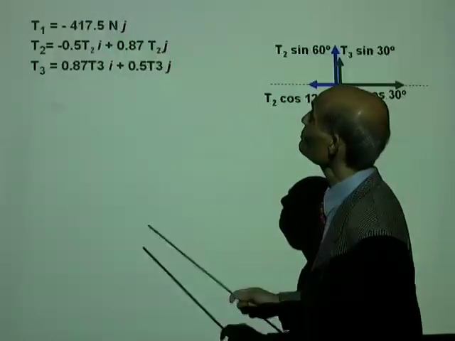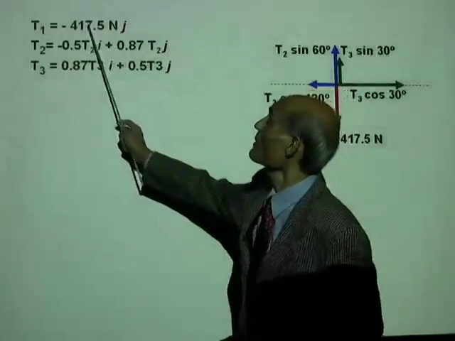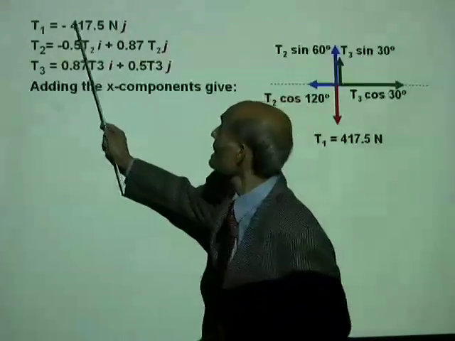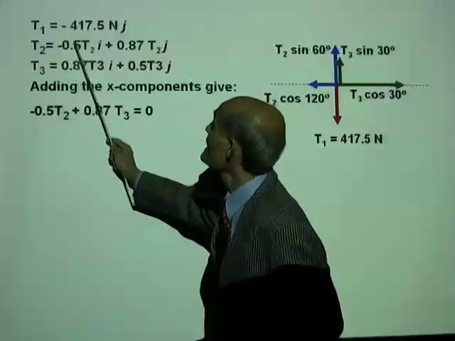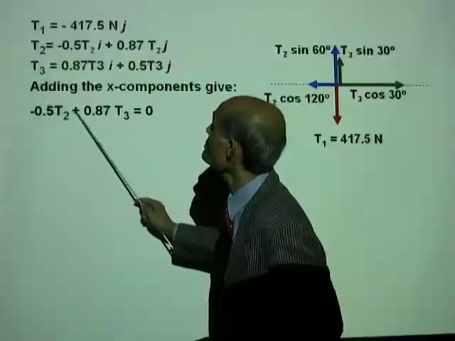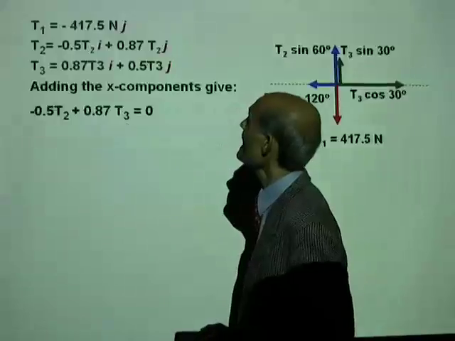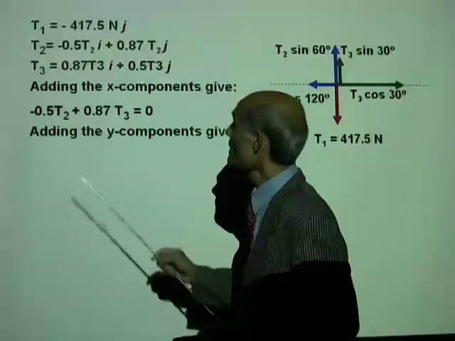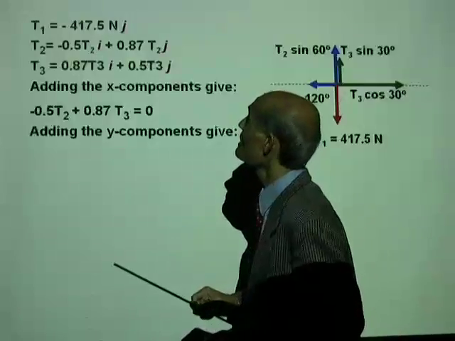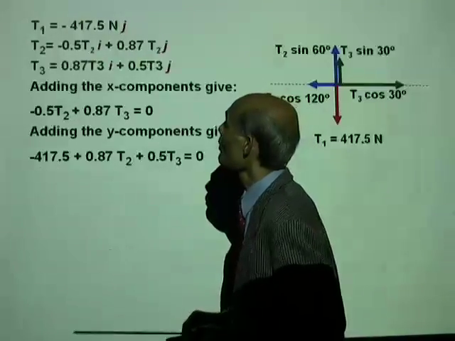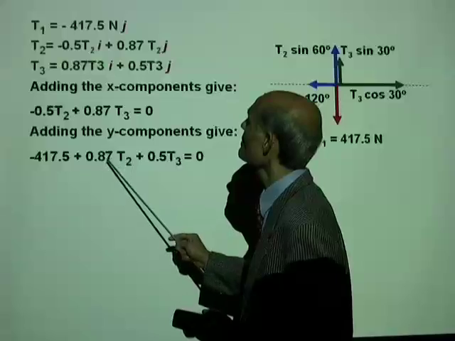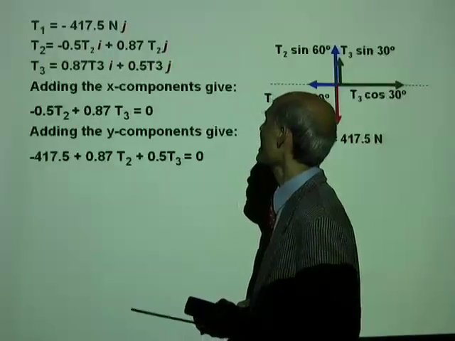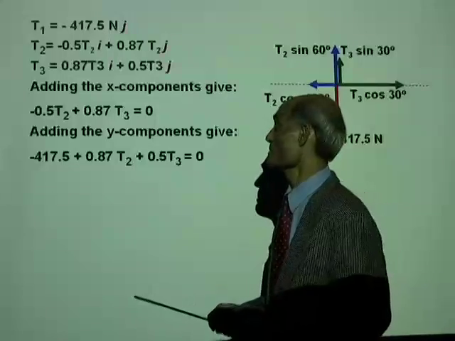So let's make those equations. These are the equations we had earlier. Adding the x components gives you negative 0.5 T2 plus 0.87 T3 equal to 0. Adding the y components gives negative 417.5 plus 0.87 T2 plus 0.5 T3 equal to 0.